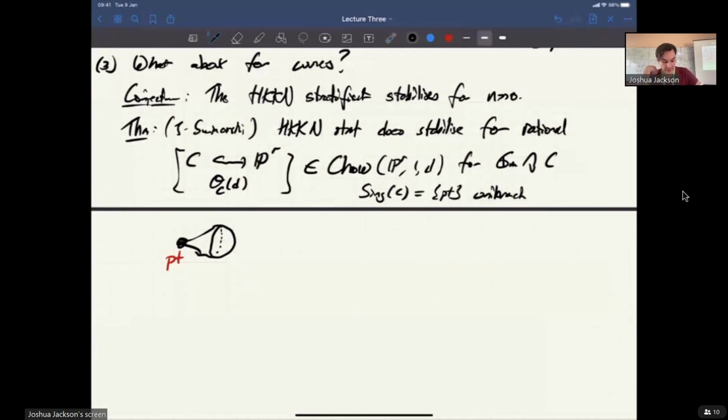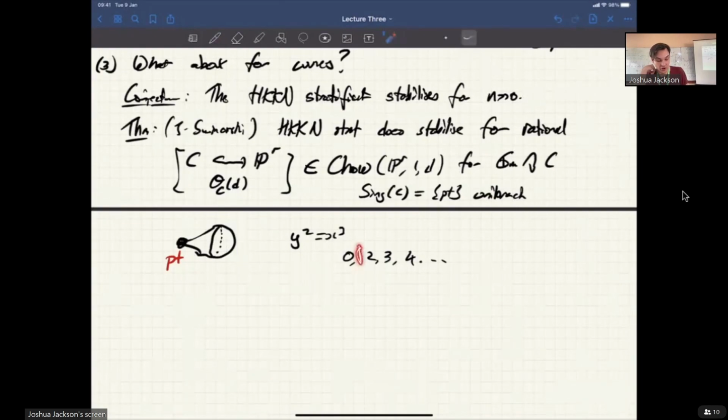Just let me give you a quick example. If you take y squared equals x cubed, then you have something which vanishes to order 0, to order 2, to order 3, etc. But you don't have something that vanishes to order 1. So you're missing the 1 here. So the semigroup of values would be the natural numbers minus 1, and the number of gaps you have in the semigroup is the genus of the singularity.